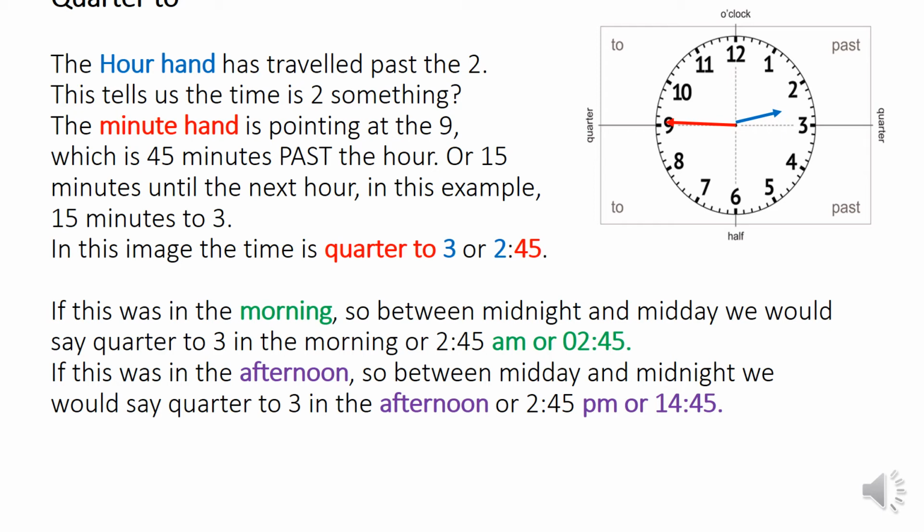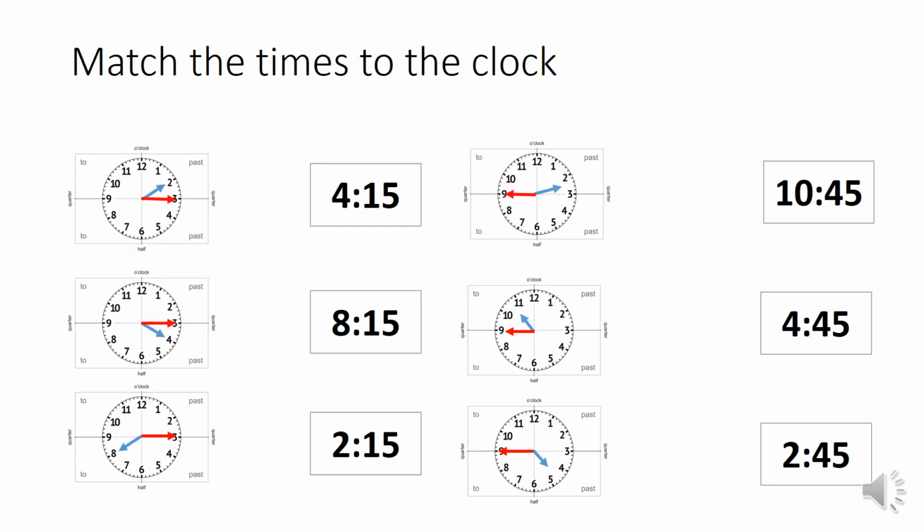So between the 9 and 10 is 5, 10, 15 minutes to 3, or quarter to 3. And again, you can see there in the morning, 2:45 AM or 02:45. In the afternoon, 2:45 PM or 14:45 if it was the digital time.